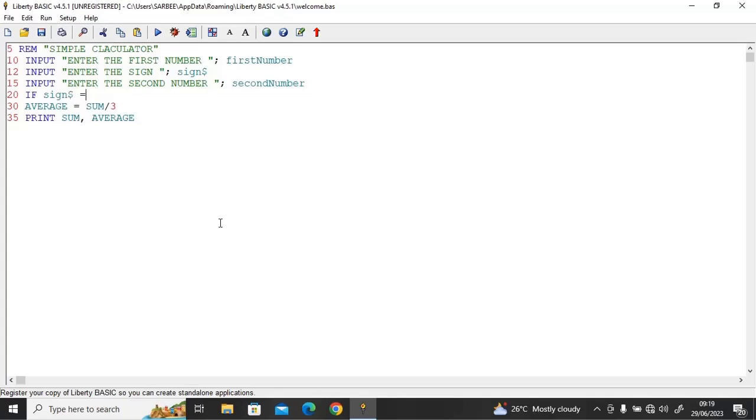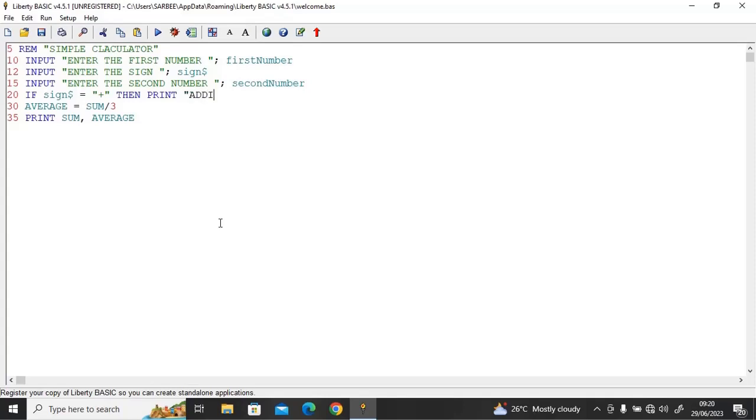If sign is equals to plus, so what do you want to do? I want to add the numbers, then print. So print, let me just make it beautiful here. Print, so I can make it in a string.